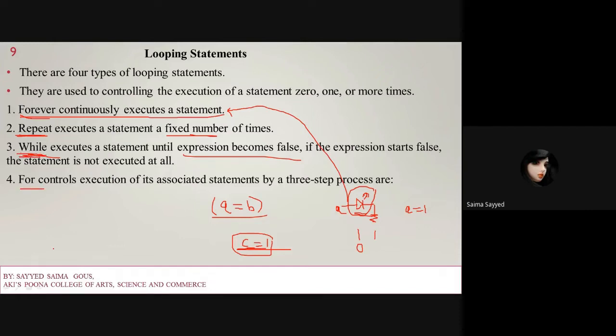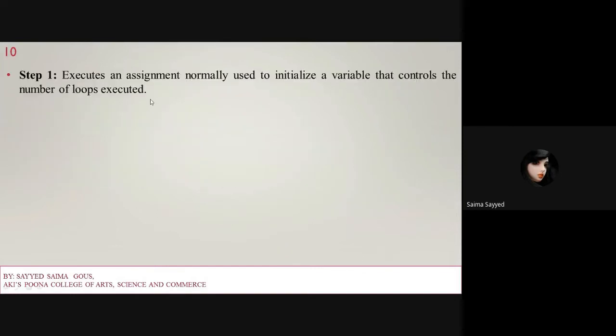And for the for loop, we know that the for loop is associated with 3 steps. We have used a and b, two variables. In the for loop, we have to give the value, like a is equal to 1 or b is equal to 1. So for, I will use a is equal to 1. That is nothing but initialization.